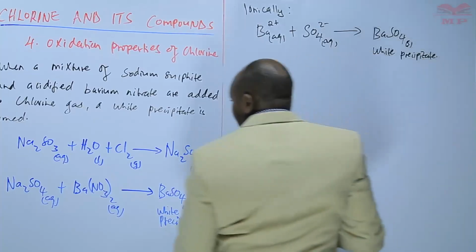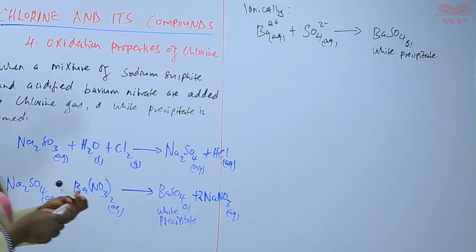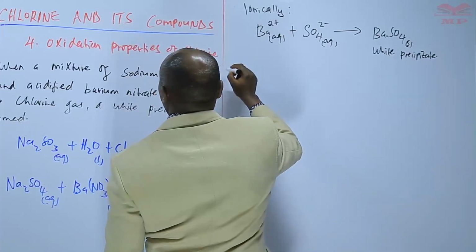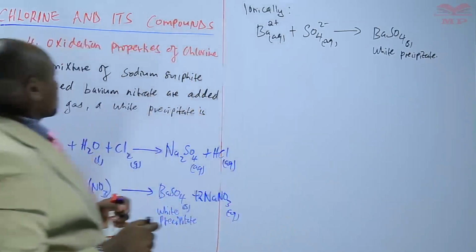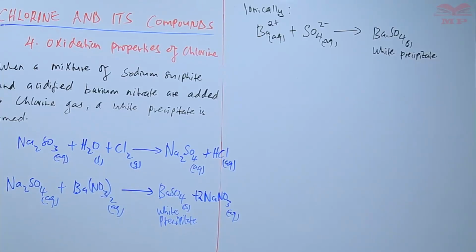So that is an example showing that chlorine is an oxidizing agent. So we can say that that's an example that shows that chlorine has the oxidation properties. We can still take another example.